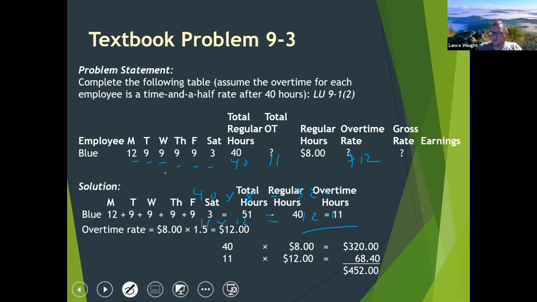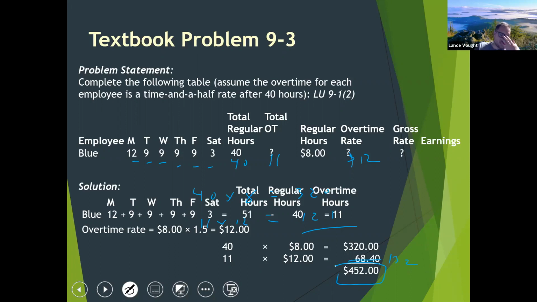Goodness gracious. $132. So this should be 452. So yeah, the number's right, but I don't know where that 6840 came from.